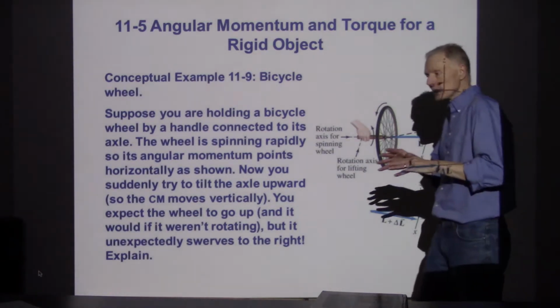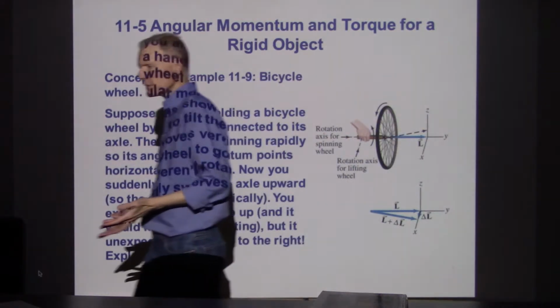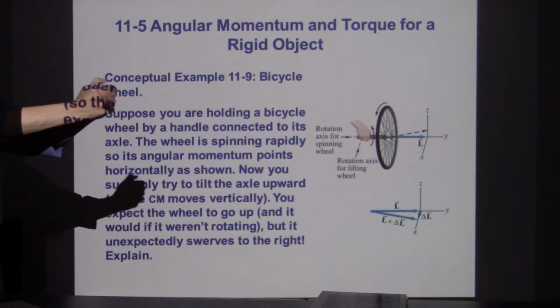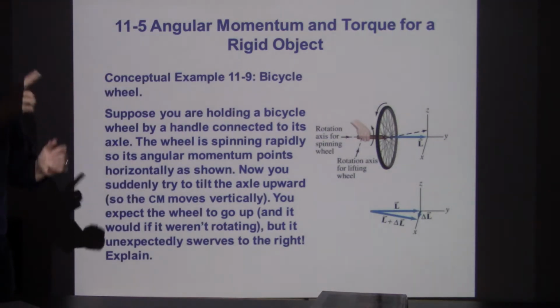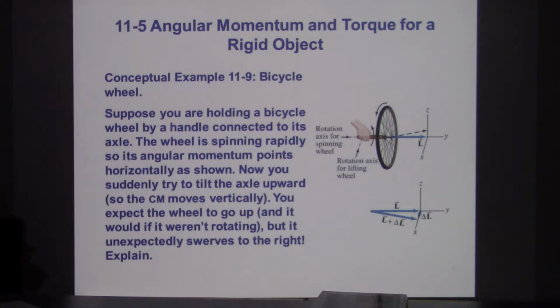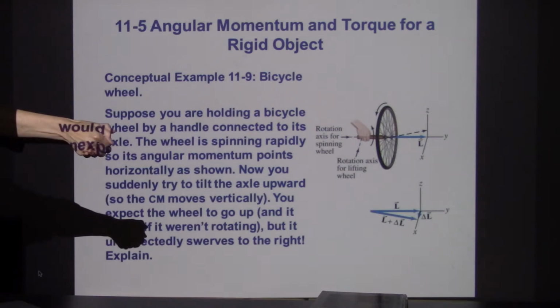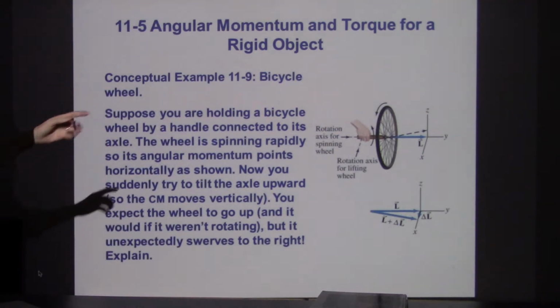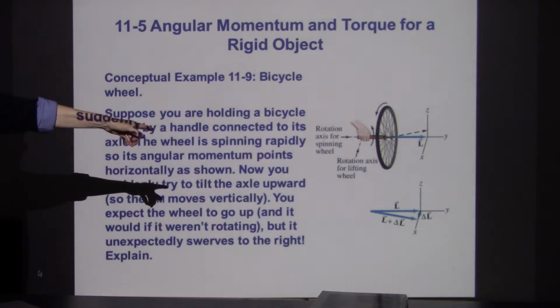Now if it's not spinning, you don't have the angular momentum, and so wherever you try and tip it, it follows that direction. But if it's already spinning, then the torque that you exert on it is going to end up redirecting the angular momentum.